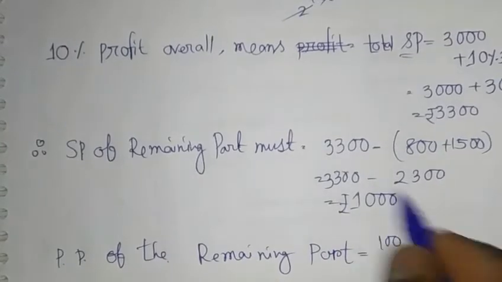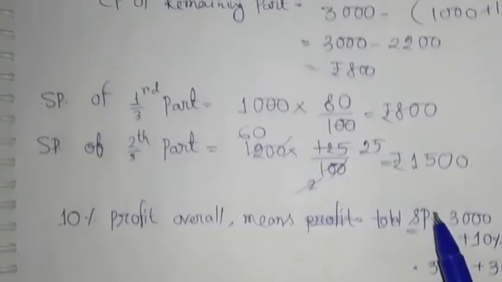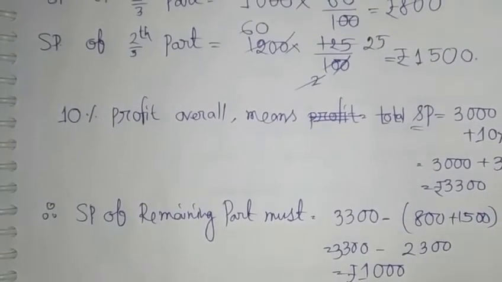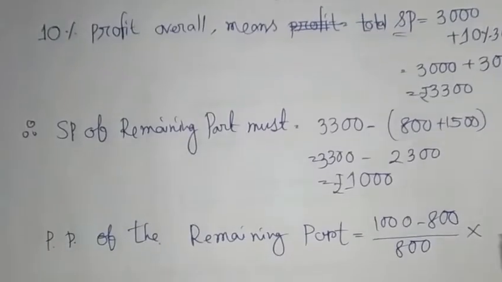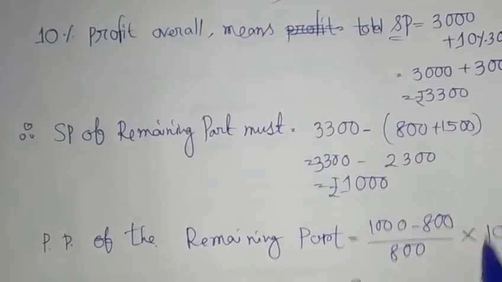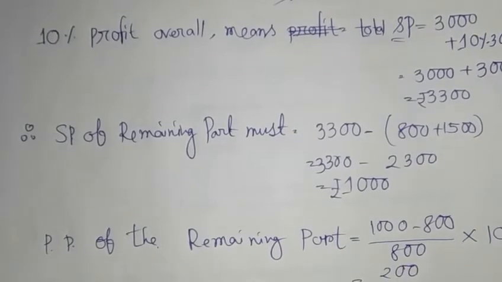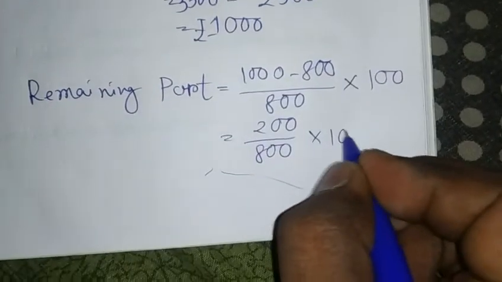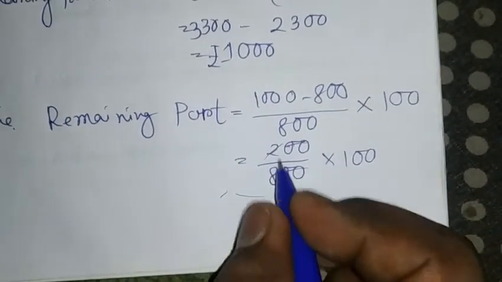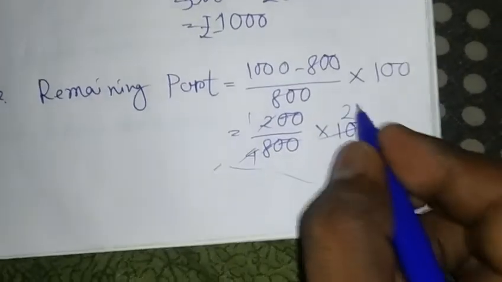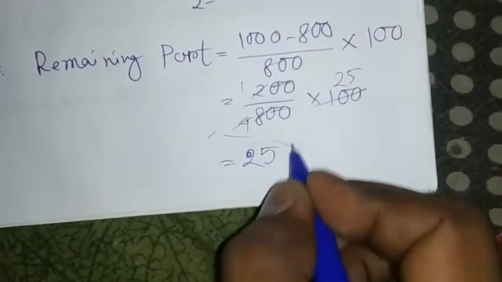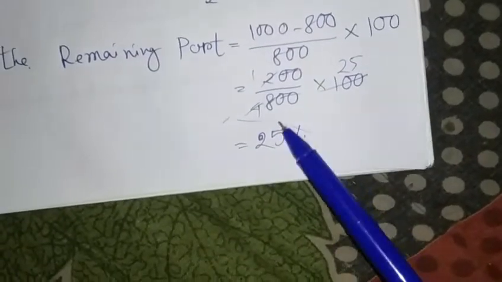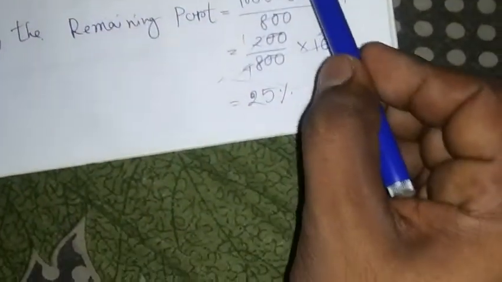Selling price was 1000 minus cost price was 800, by 800 into 100. So here 200 by 800 into 100, right? So 1 by 4, 4 25s are 100. So this is equal to 25%. So he needs to sell the remaining part with 25% profit so that we can get 10% profit overall.